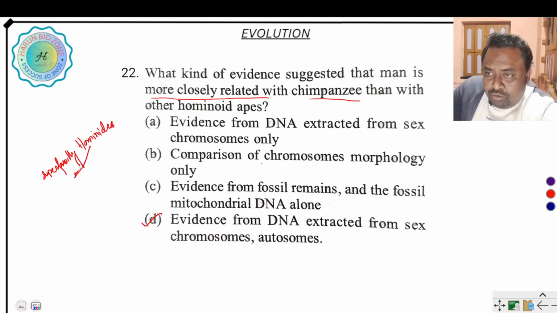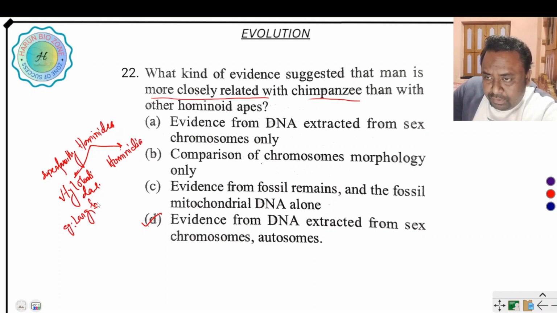It is divided into two families, Hylobatidae and Hominidae. Examples of Hylobatidae are lar gibbon, gibbon, and siamang.